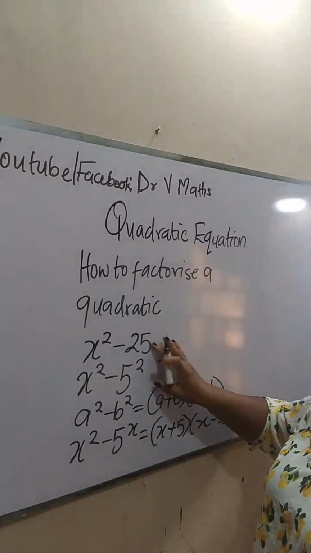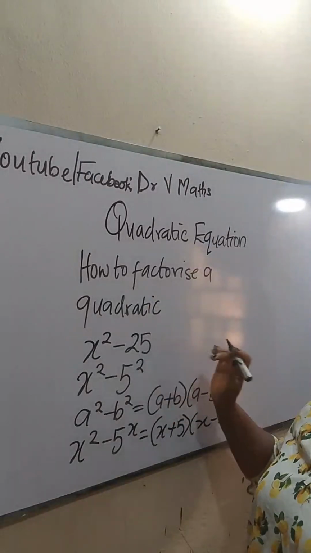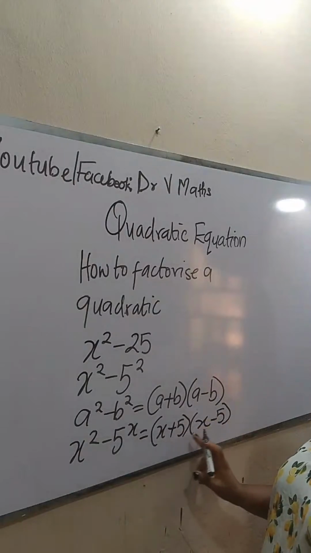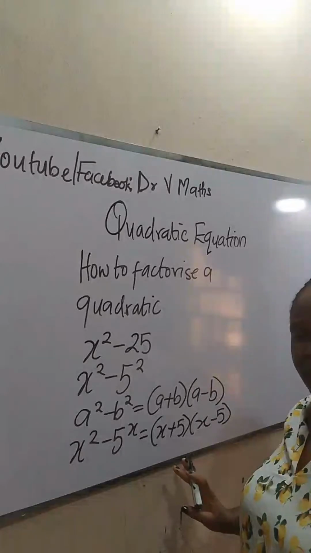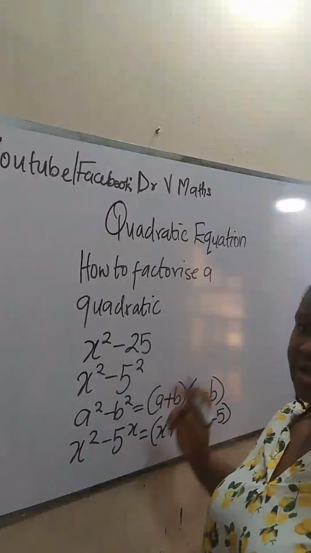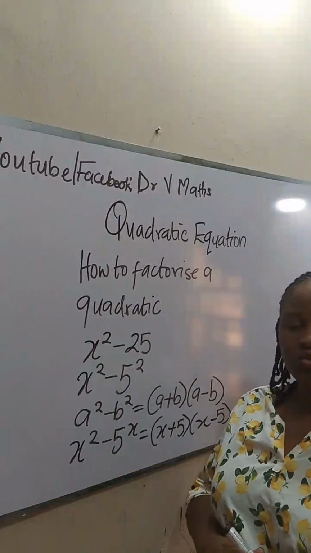So we have been able to factorize this quadratic expression to have its factors as x plus 5 and x minus 5. And if you go back and open these brackets, you still arrive back at this answer. That is one of the ways of factorizing a quadratic equation.